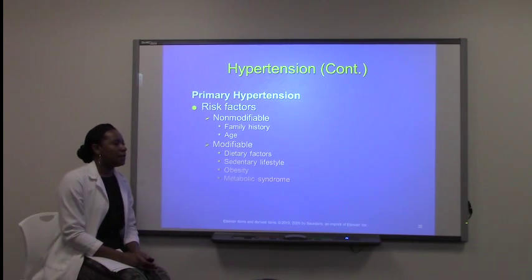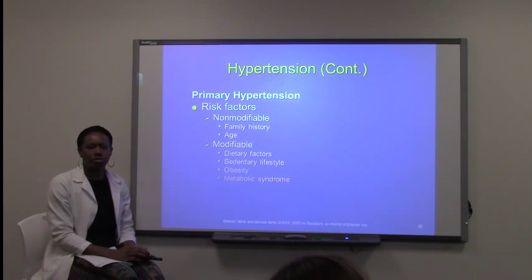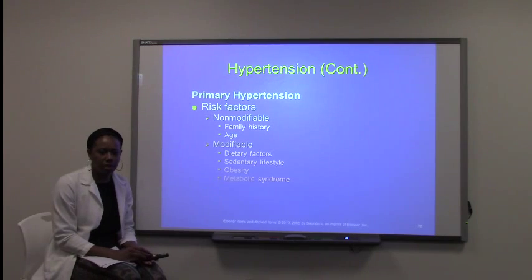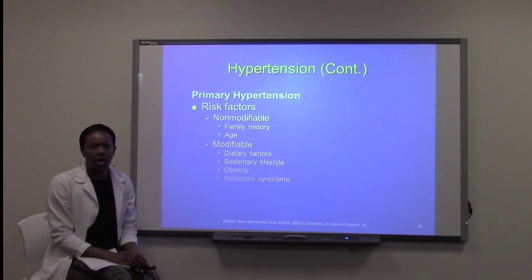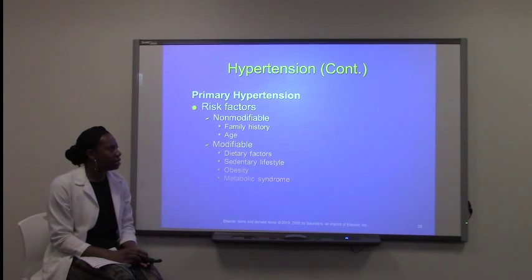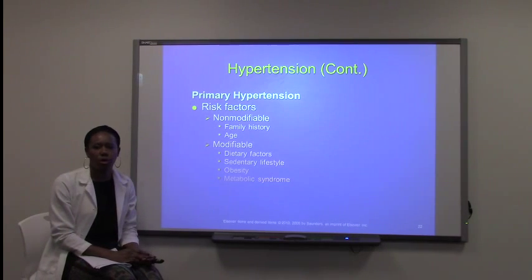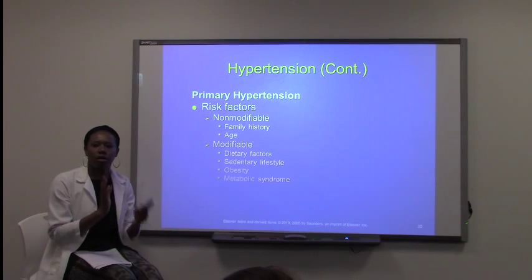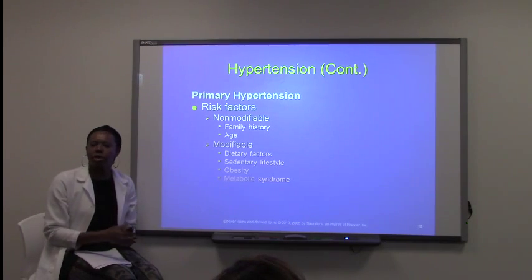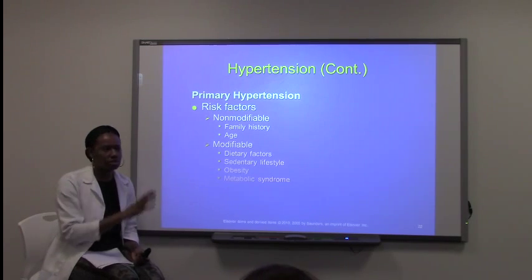Risk factors that are non-modifiable, which I think is one of those questions that the lady showed you earlier: family history, age. You can't change your family, although we would like to. So family history, age, you can't change that. Also sex, that's not included there, but men tend to be more at risk than women, although they are finding that females are now almost equal to the men with this situation.